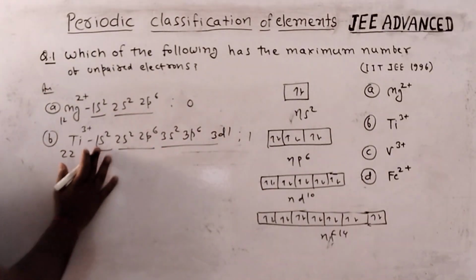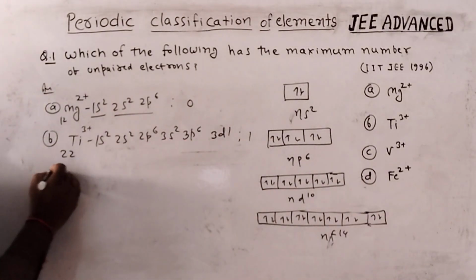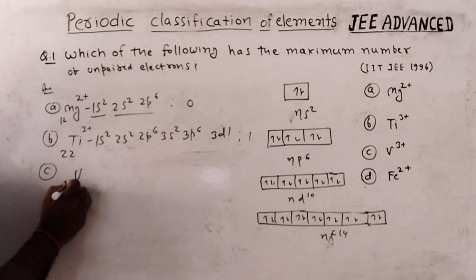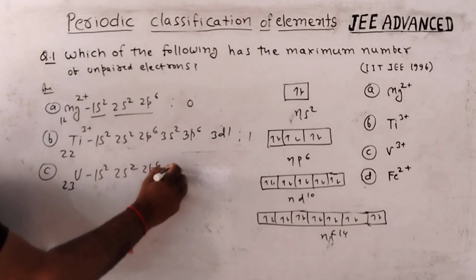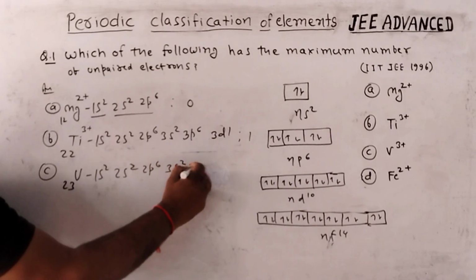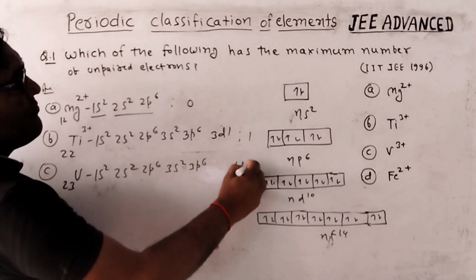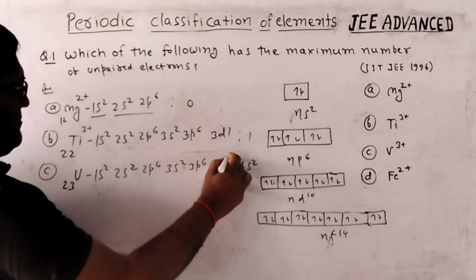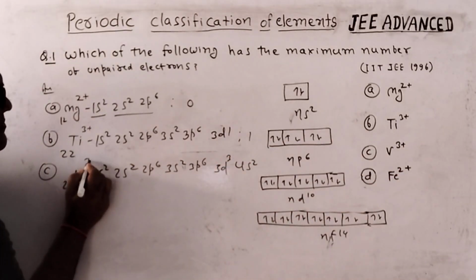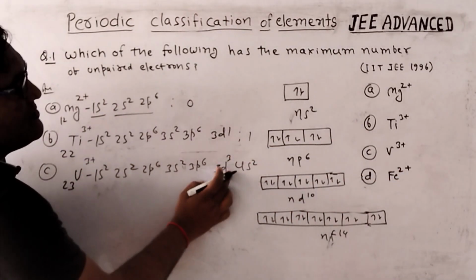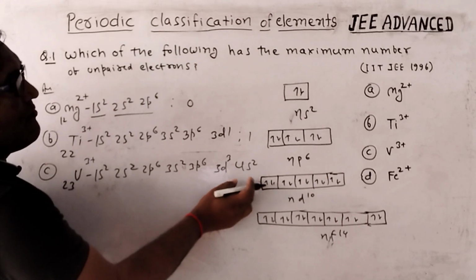Now in case of vanadium, option C, atomic number 23, 1s2, 2s2, 2p6, 3s2, 3p6, okay, 4s2 and 3d3. So due to presence of 3 positive charge, vanadium releases 3 electrons from its last shell.